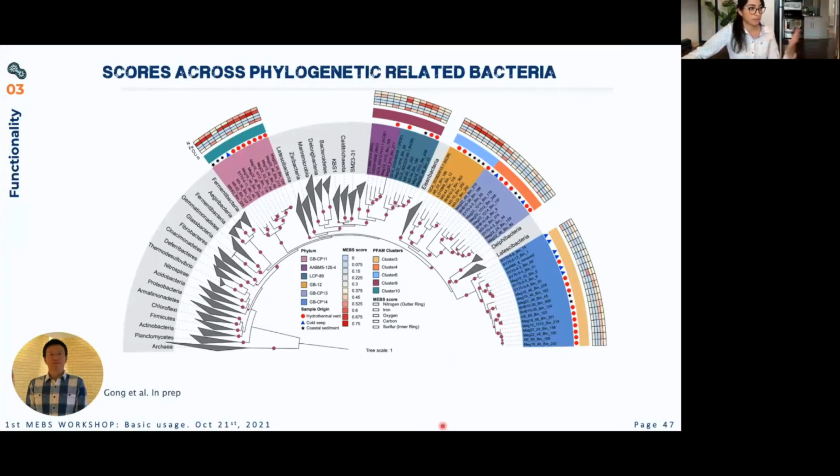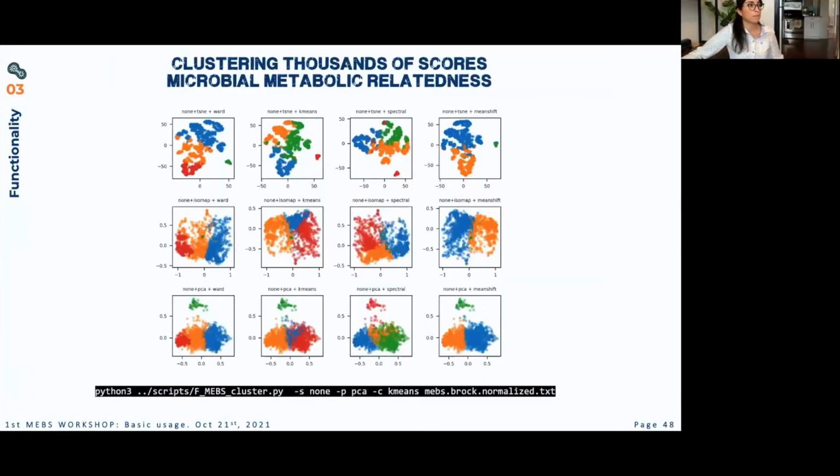And this is one example that we've been working on. And so this idea about discovering novel metabolisms by using the scores is really powerful, because in MEBS we have already pre-computed the scores of a data set of 2,000 genomes, and we have the values of those.